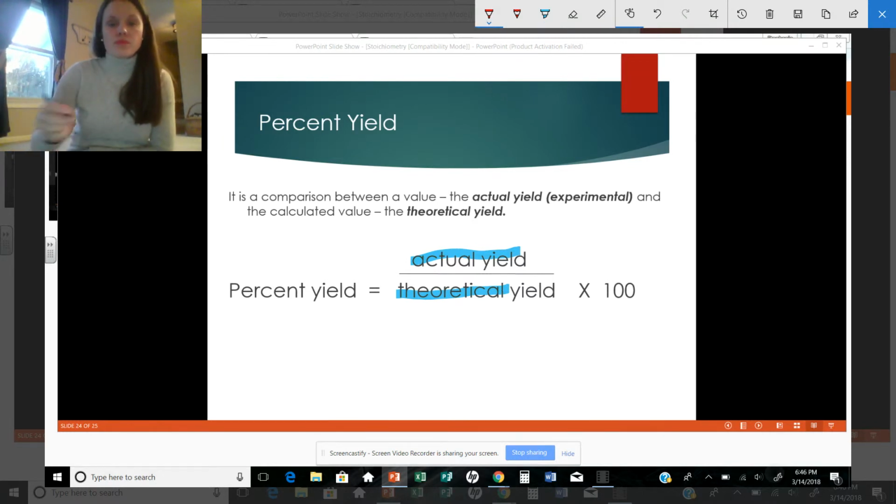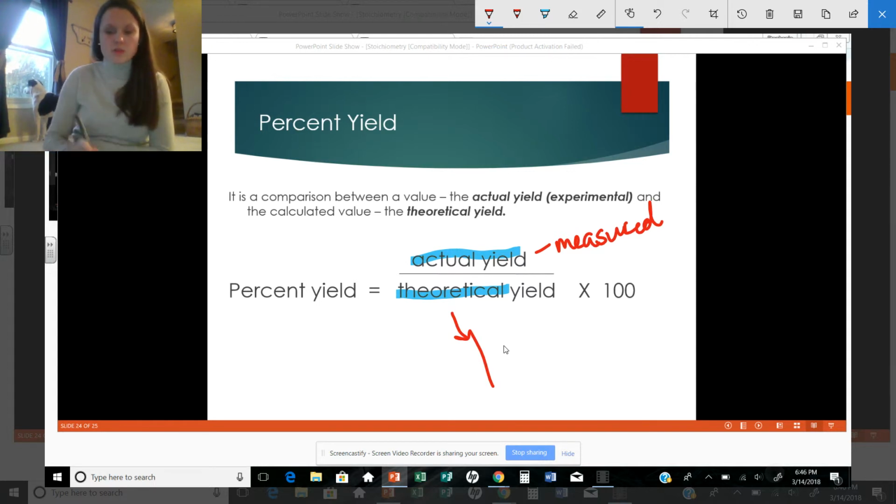Actual yield is what you got from your experiment. Your theoretical yield is your calculated yield from your equation.